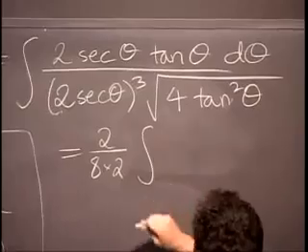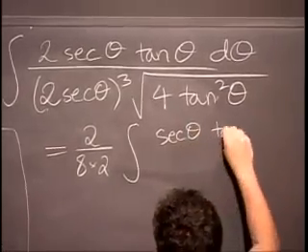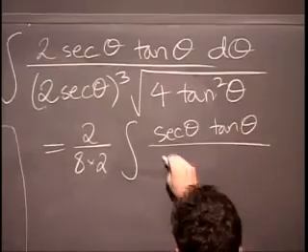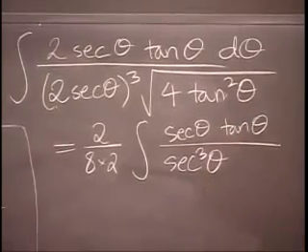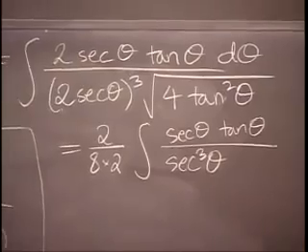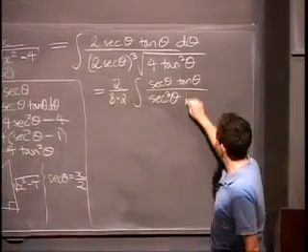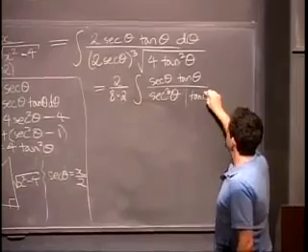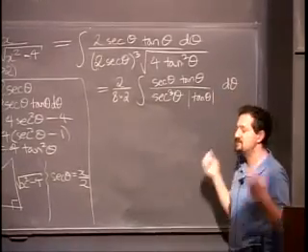Then I have an integral of, well, let's just write this out. Secant theta tan theta all over secant cubed theta square root of tan squared theta. This is where you can really see. You take the square root of tan squared theta, you should write absolute value of tan theta. You should write that because the square root of x squared is just absolute value of x.